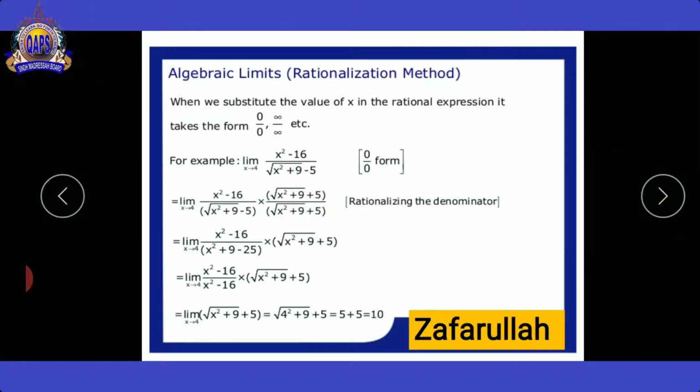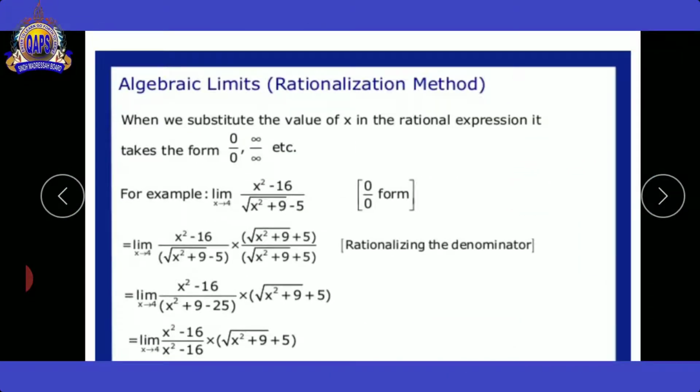Now on the second page there are different methods we are applying in the limit. Here in algebraic limits we are applying the rationalization method.